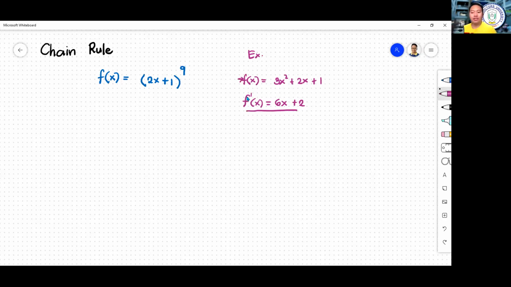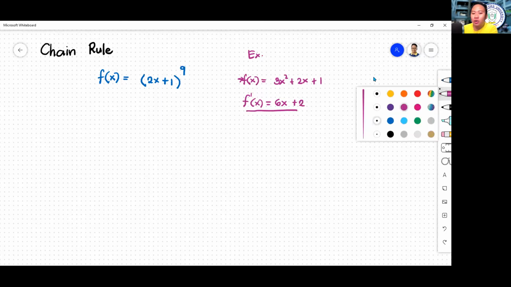However, for polynomials with higher exponents, especially if the exponent is outside of one or more terms, let's say, for this one here, we have two terms. The first term is 2x, and the second term is 1. So you might be thinking, sir, do we have to expand it before we do the derivative?